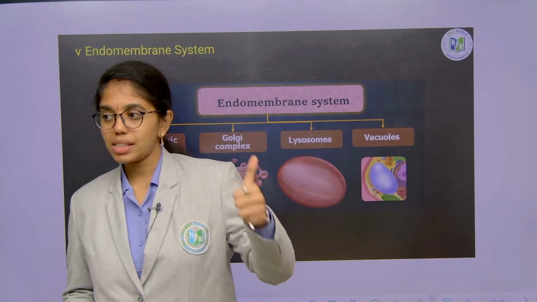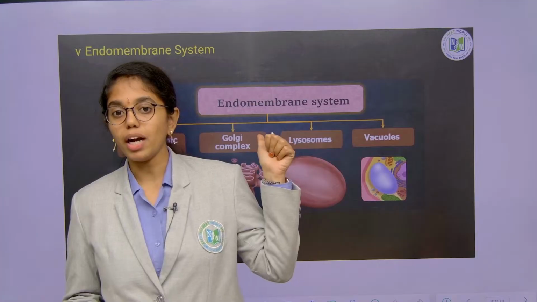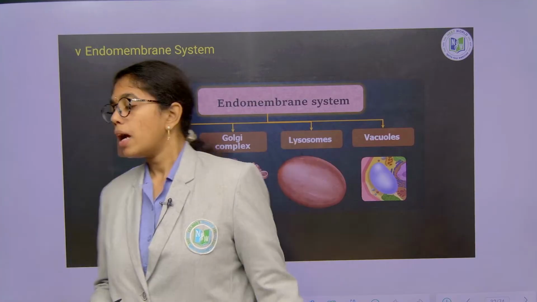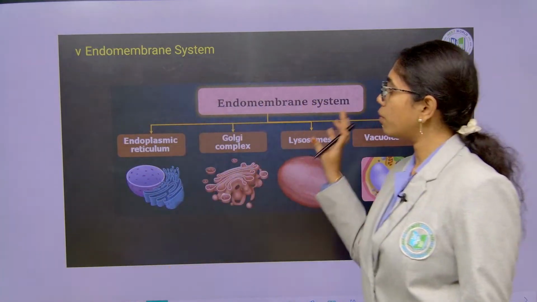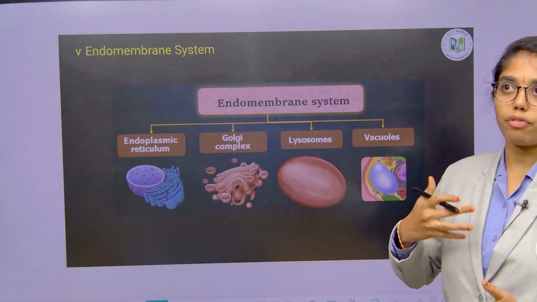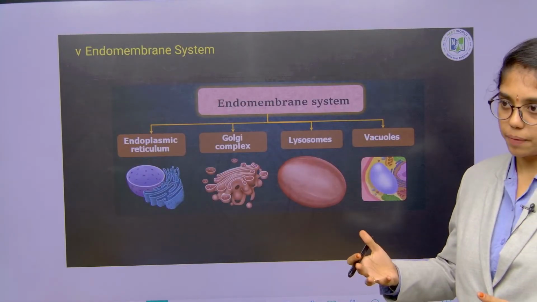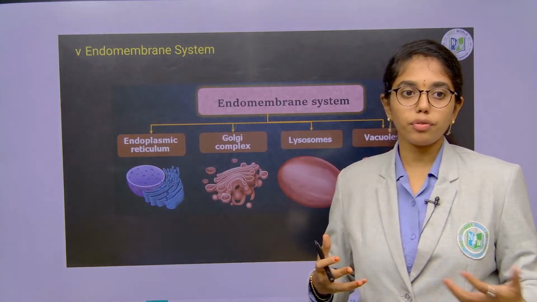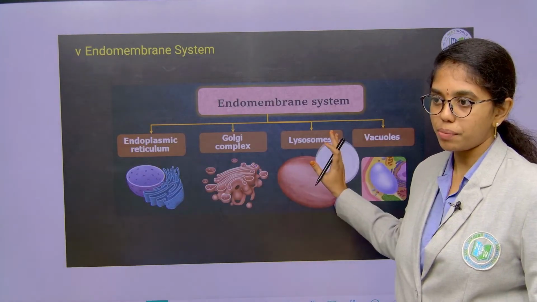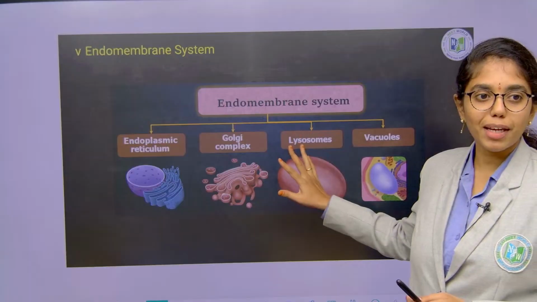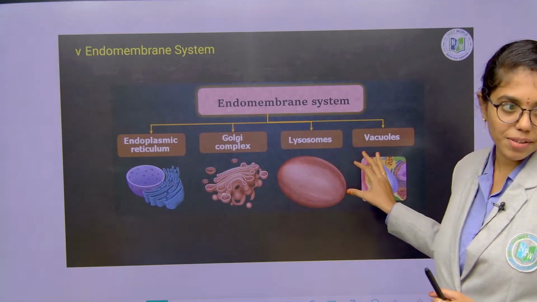First we will learn single membrane bound organelles by taking the endomembrane system. If I take 10 PYQs on this chapter and 3 to 4 questions are asked from the endomembrane system, 2 to 3 questions will be on just the names of the organelles.